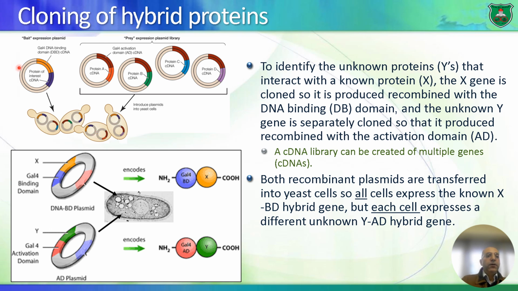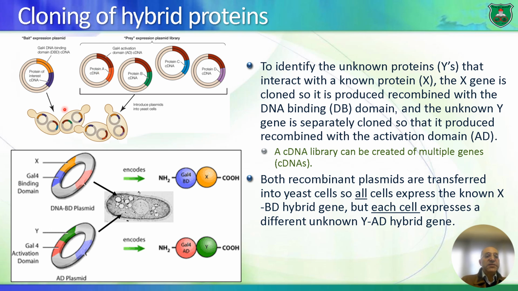If X interacts with A, then this yeast cell would have the production of the beta-galactosidase that can cleave X-gal into a bluish product, and the colony would look blue.